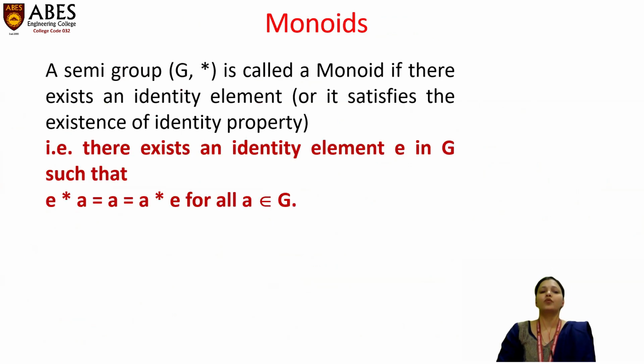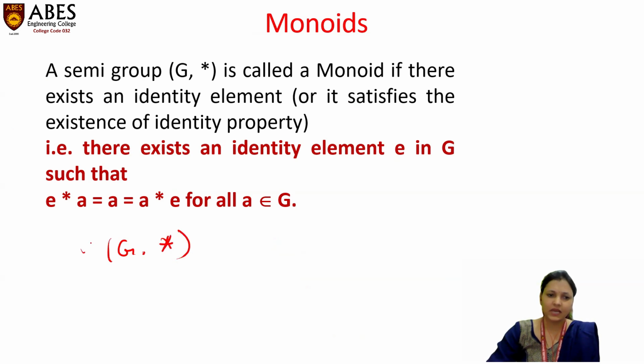The next topic is monoid. What is a monoid? A monoid is a semigroup if there exists an identity element E in G such that E binary operation A is equal to A, or A binary operation E is equal to A. For example, consider any structure.